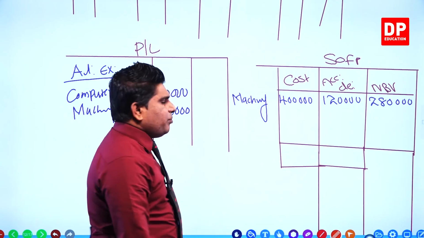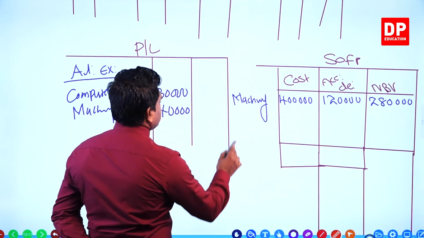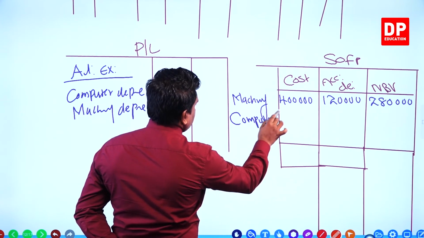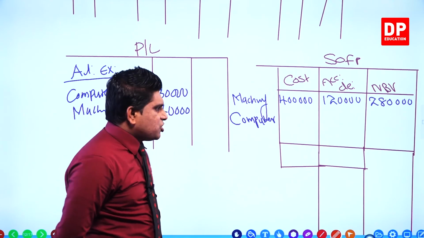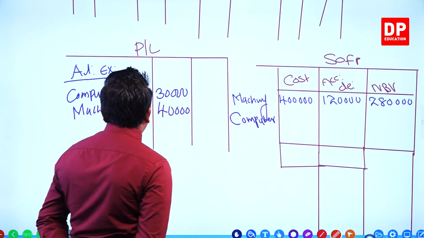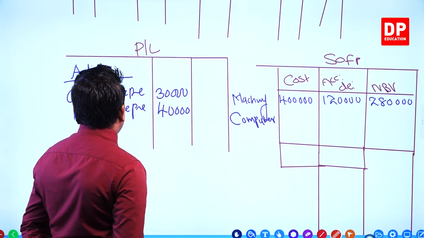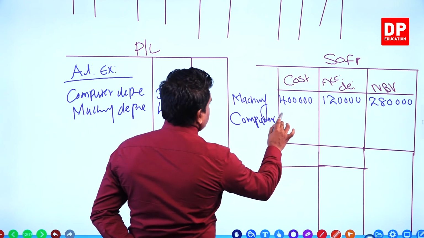Now you remember you can record these details in the statement of financial position, right? There computer depreciation 30,000, right? Then cost is how much? 300,000.